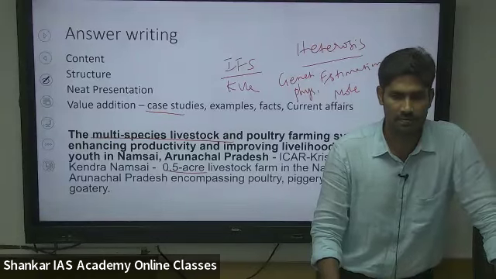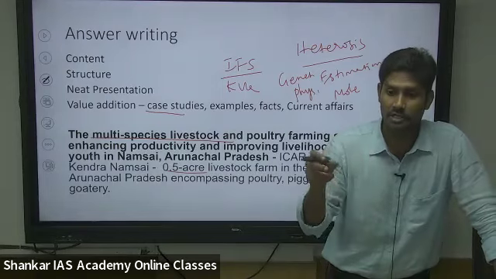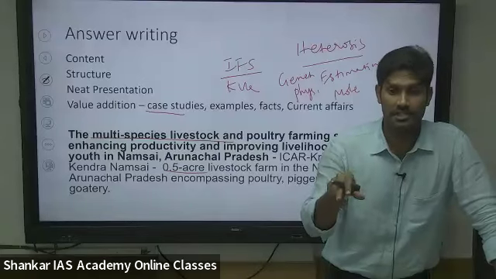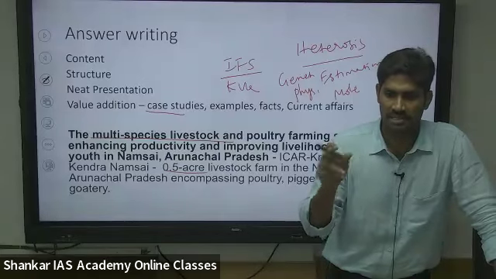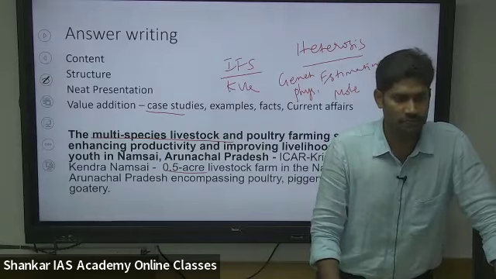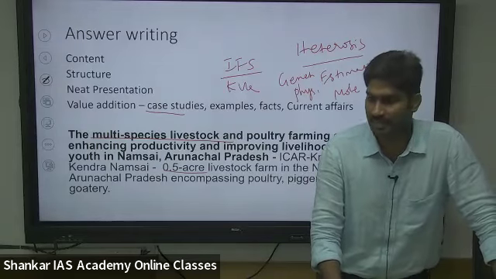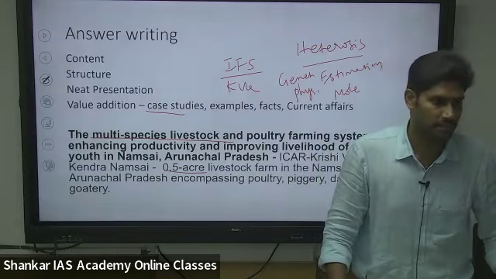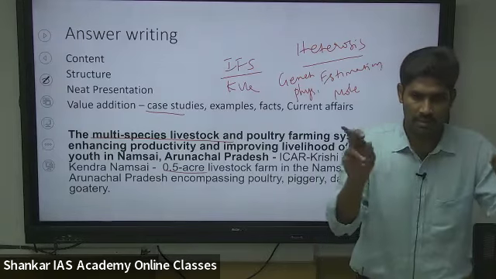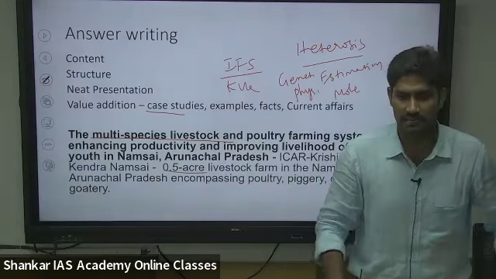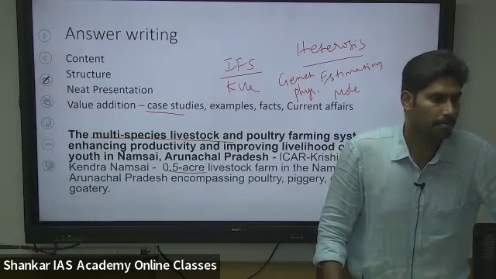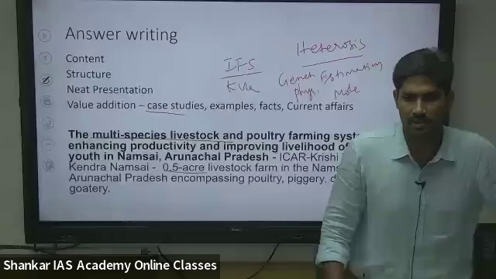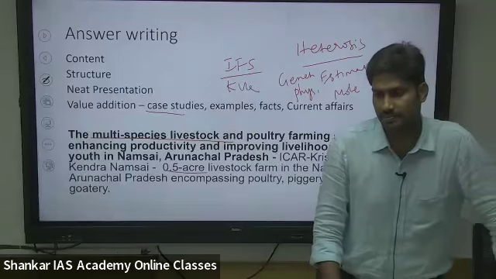You must cover the POP for horticulture crops: plants, fruits, vegetables, floriculture, medicinal and aromatic plants. You can cover this portion from the Agritech portal. Form the table and fill it in daily, and definitely one question will come from this area.